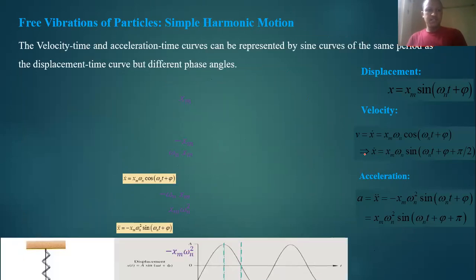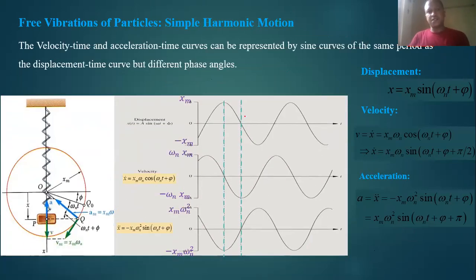So what does the behavior of this graph look like? The velocity-time, acceleration-time and displacement-time graphs are all represented here. For example, this is the displacement-time graph for this system.